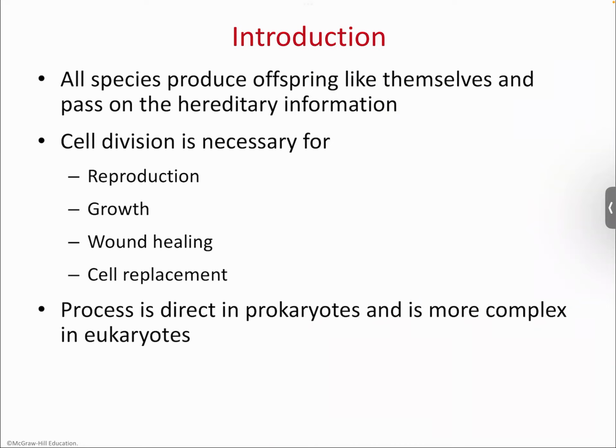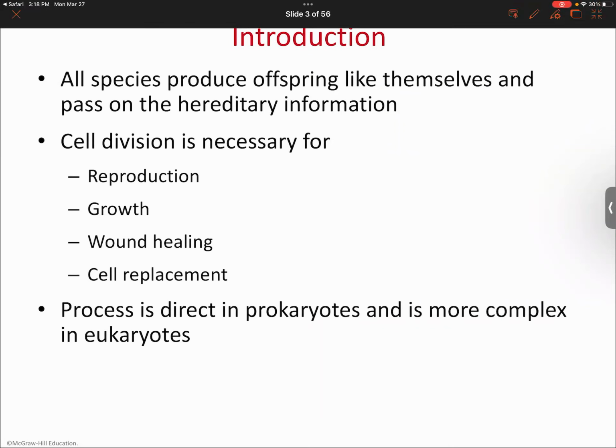Cell division is something that happens in all organisms, right? Because after all, in order to grow, we have to do cell division. We have to make more cells. In order to reproduce, we have to do cell division. As we get older and we stop growing, we still are going to damage our tissues, so we have to do wound healing.